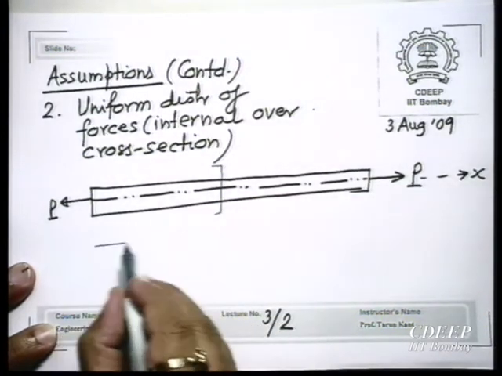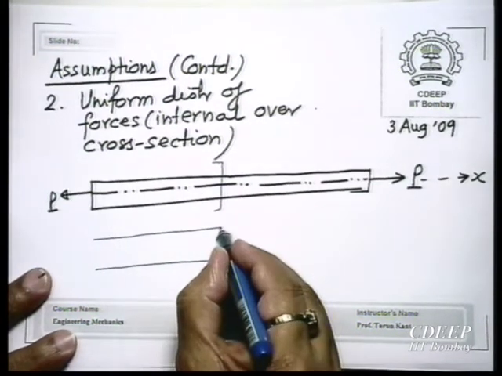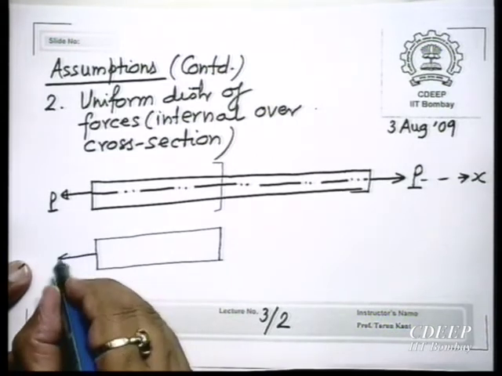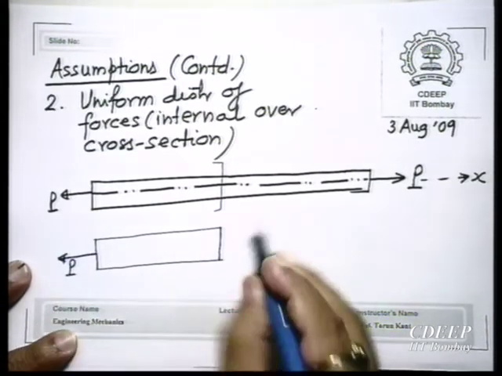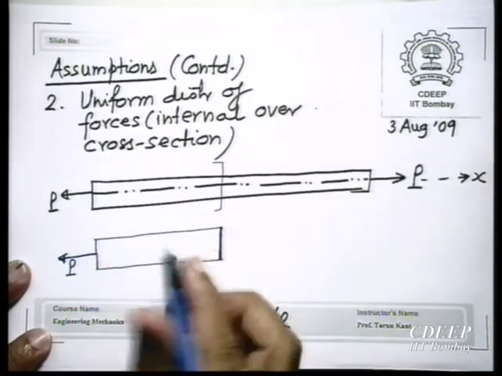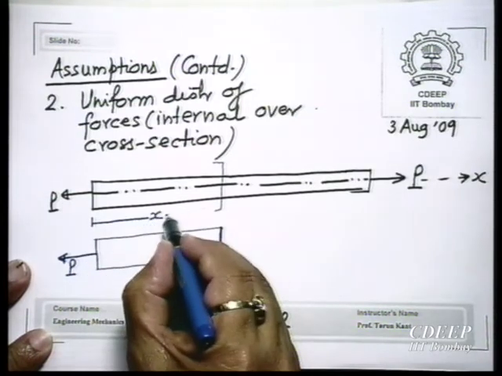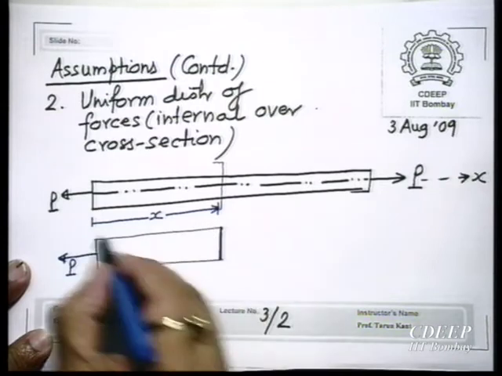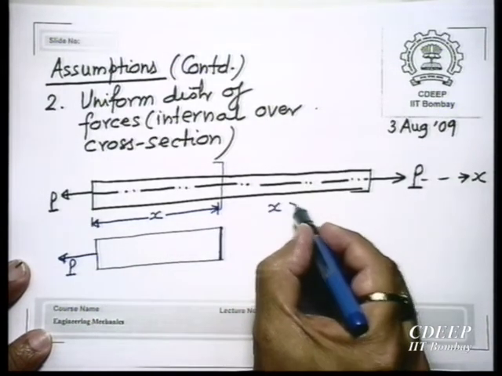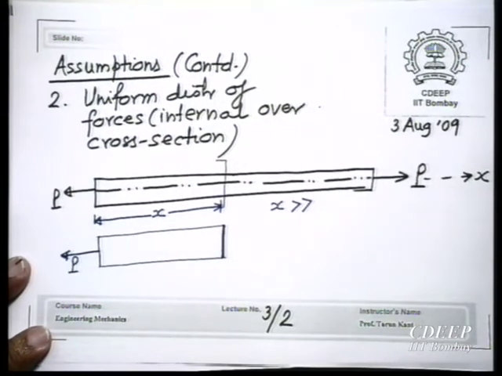Here, in the free body diagram, at this cross section there must be a distribution of forces. Now, if this distance x is larger than the lateral dimension, what is the lateral dimension here?